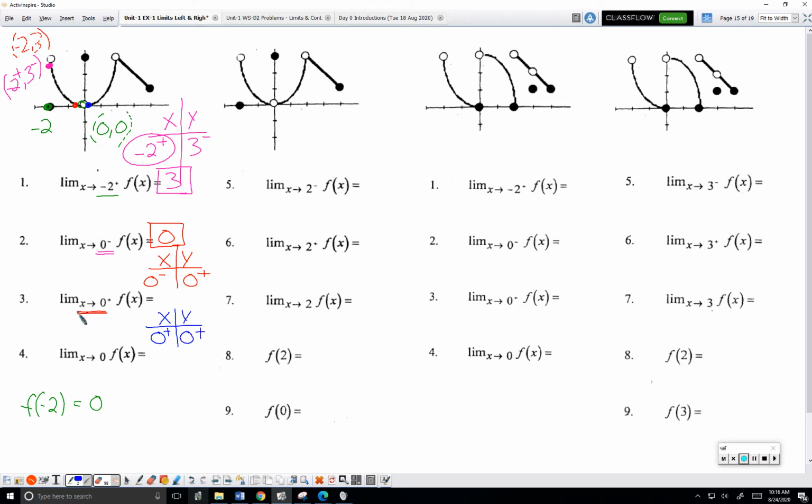Hence, for limit, as x gets close to 0 from the right, the value of the y-coordinate is getting very, very close to equaling 0. So to answer this question, I'm looking at the blue dot. To answer this question, right here, I'm looking at this red dot.